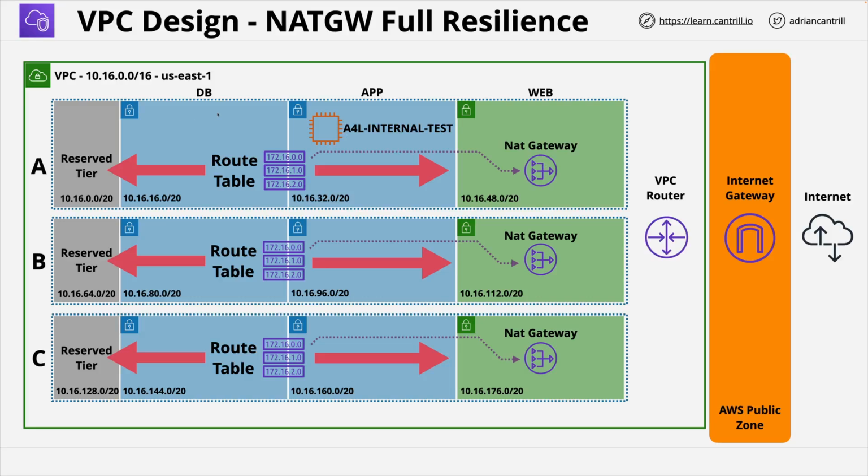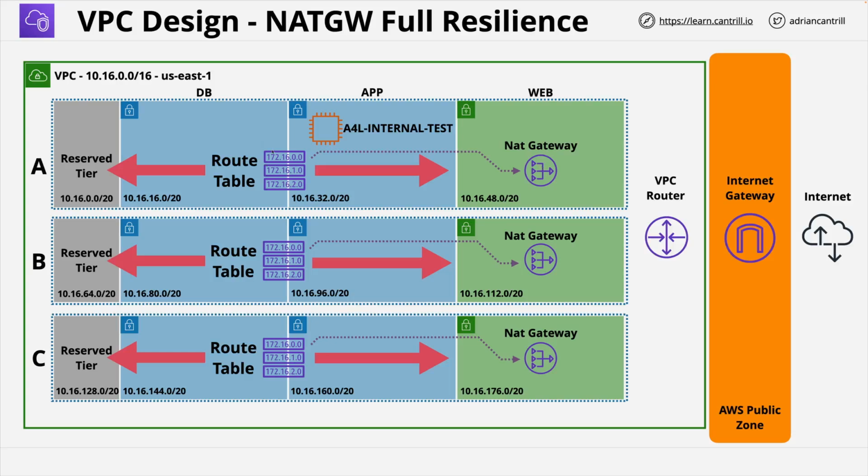It means that if any of the availability zones fail, then each of the others will continue operating, because these route tables which are attached to the private subnets, they point at the NAT gateway within that availability zone. So each availability zone A, B and C has its own corresponding NAT gateway which provides private internet access to all of the private subnets within that availability zone.